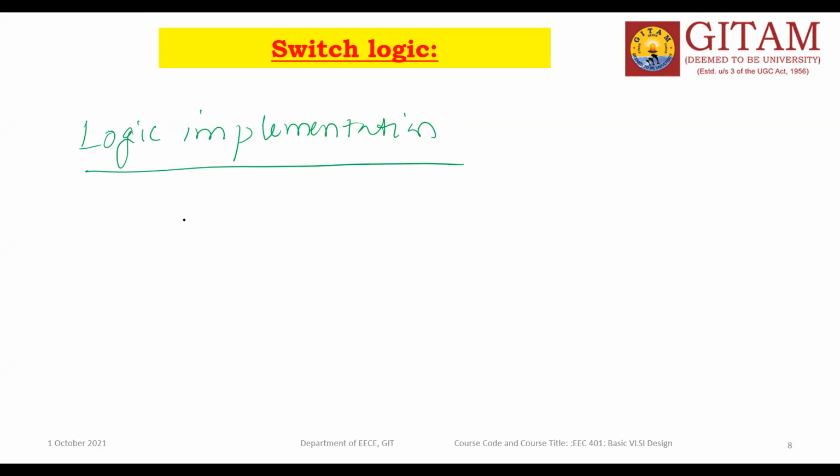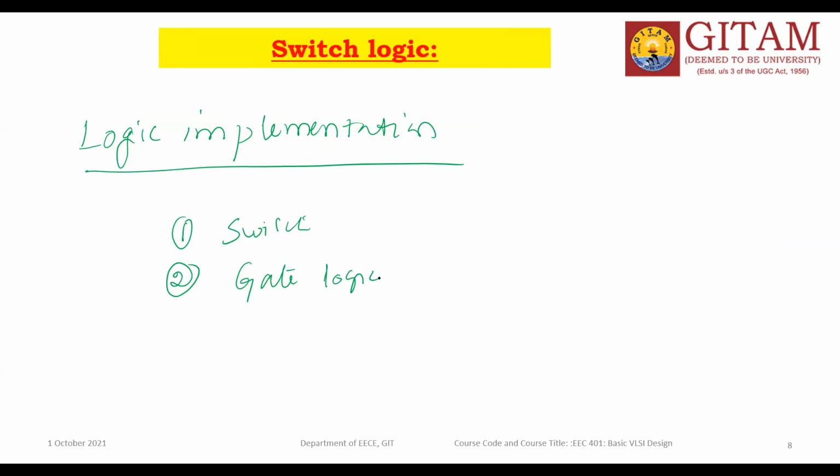The first one is switch logic. The second one is gate logic. Switch and gate logic, these are the 2 logics we have to implement any logic.